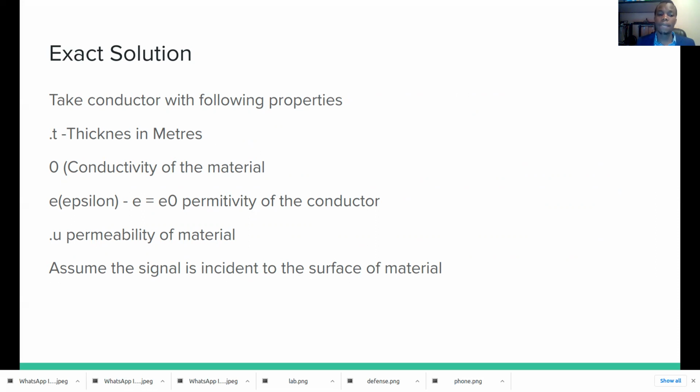Remember, there is epsilon and epsilon naught. Epsilon naught is the permittivity in free space. Then mu is the permeability of that material. There is mu in any material, but mu naught is in free space. So we want to assume this signal is incident to a surface.